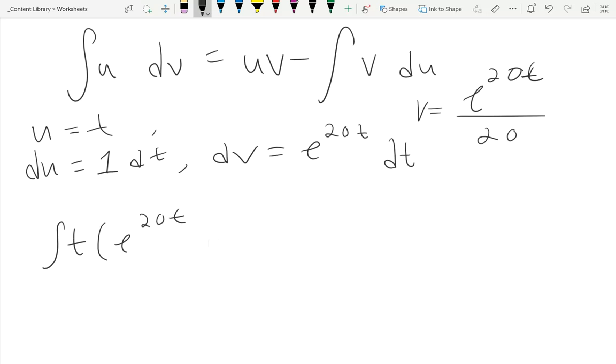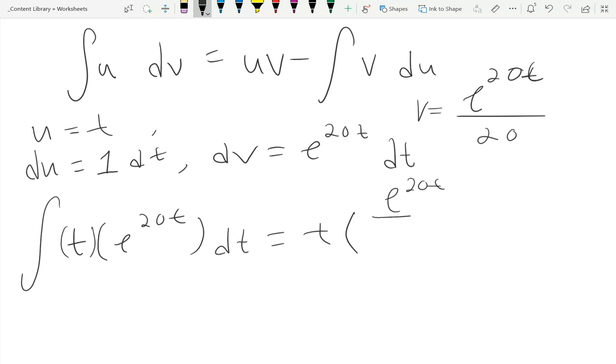So I have dv, and then down v up there. This equals uv: t times e^(20t) over 20.